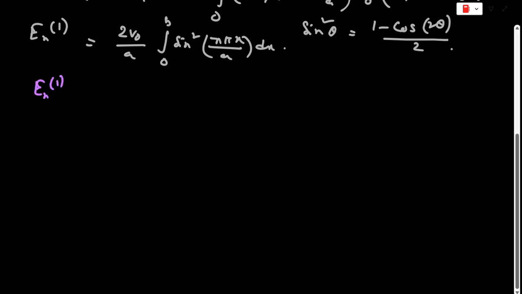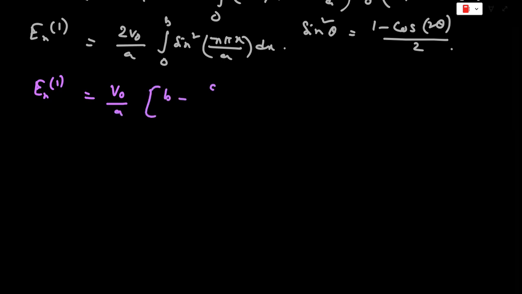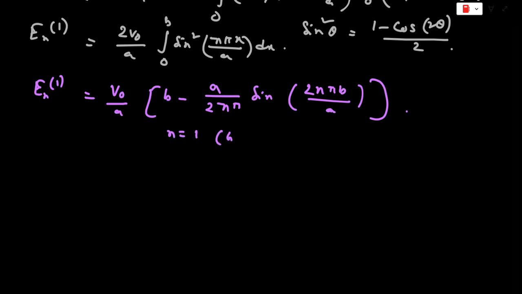E_n^1 equals V0 by a times b minus a by 2n pi into sine 2n pi b by a. Right? Now the question asks for the first two states, right? So that means n equal to 1, that is the ground state, and n equal to 2, that is the first excited state.